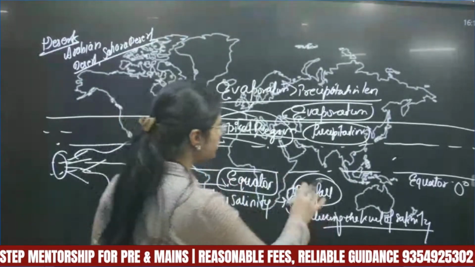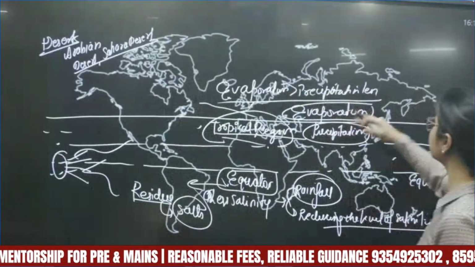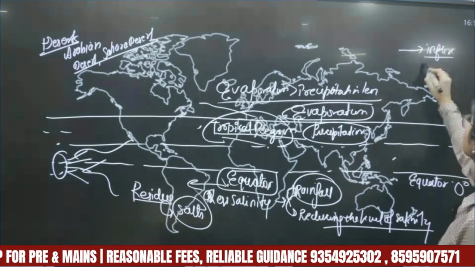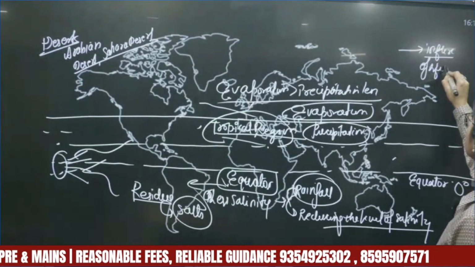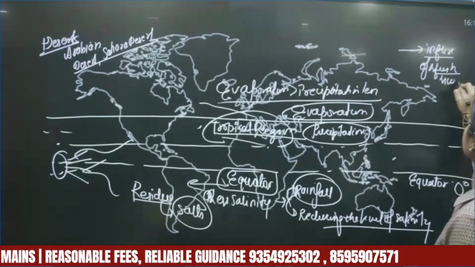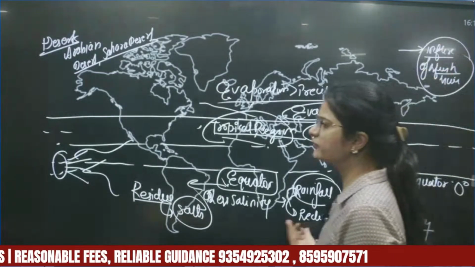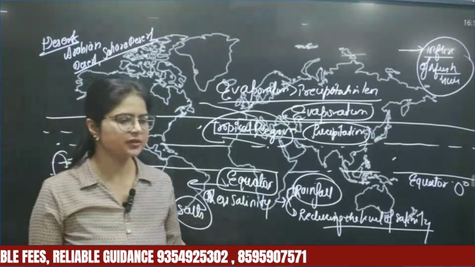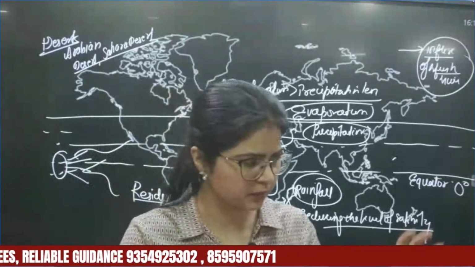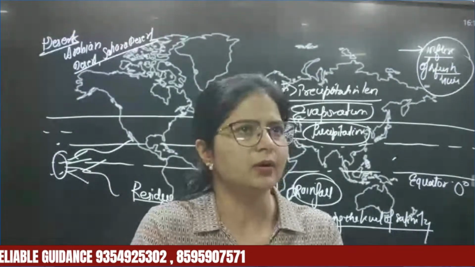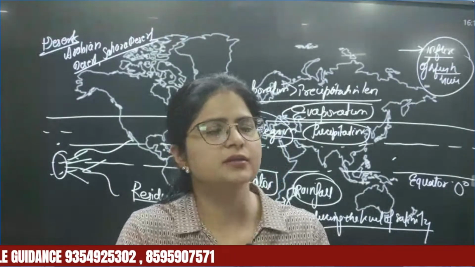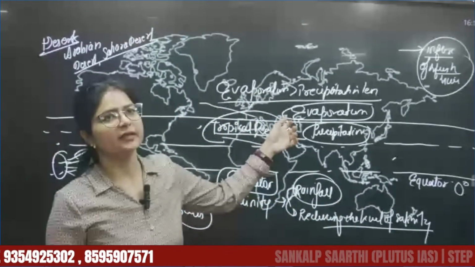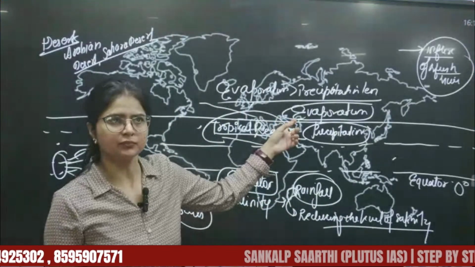Because first, it is lying in this area. Second, there is no influx of fresh water, any river for that matter. The only source of water is precipitation, right? Evaporation is taking place at that place in a very high amount, and it will increase the salinity of that area, right?